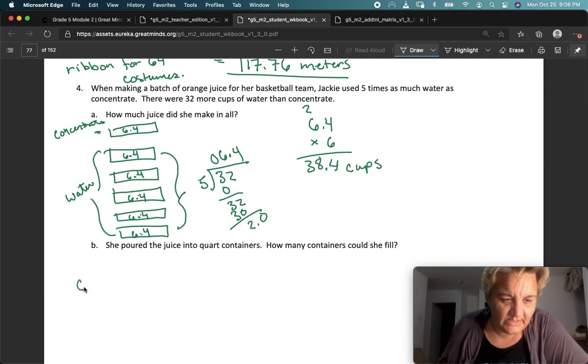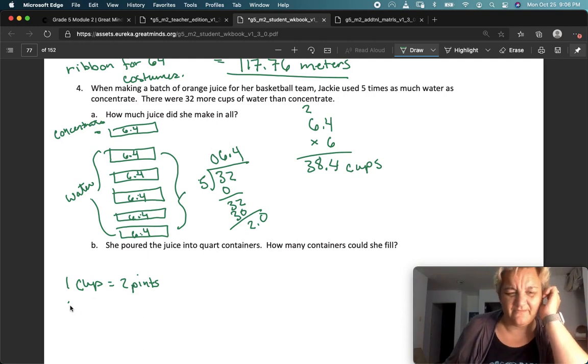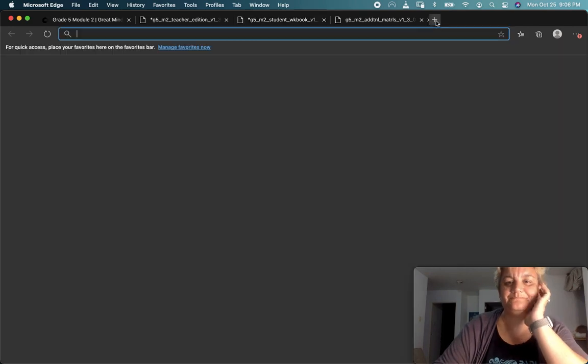So 1 cup equals 2 pints, right? How many? Oh, I always forget. Quarts. Cups into quarts.